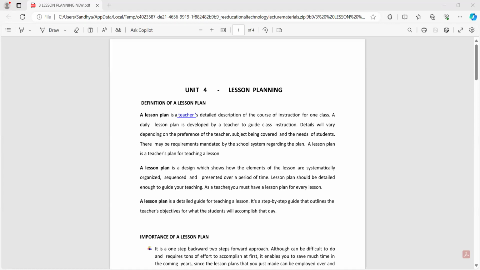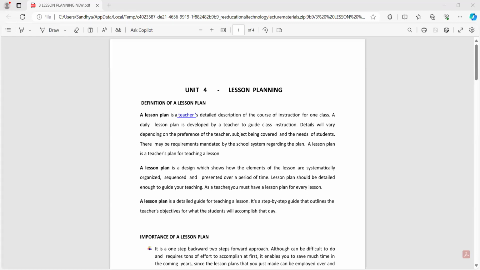What happens first, what happens next, what are you going to do afterwards, like that. The systematic sequence of your lesson during the period. That is what is jotted down in the lesson plan. The sequence of your lesson, the stages of your lesson, as it happens in the order, with how much time that you're going to spend and what kind of activities that you're going to actually use.